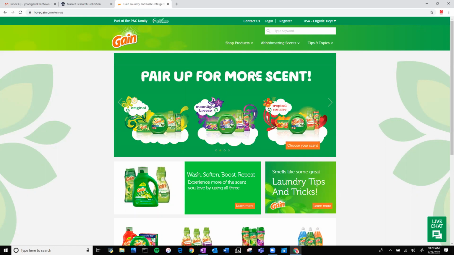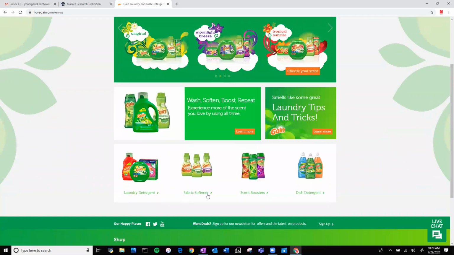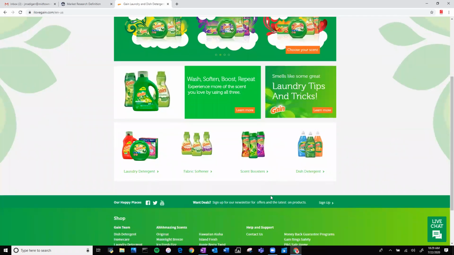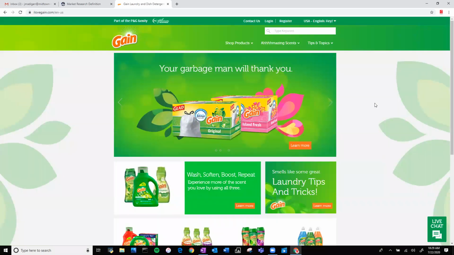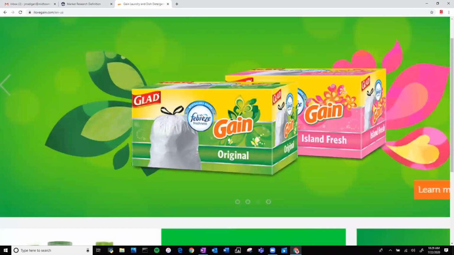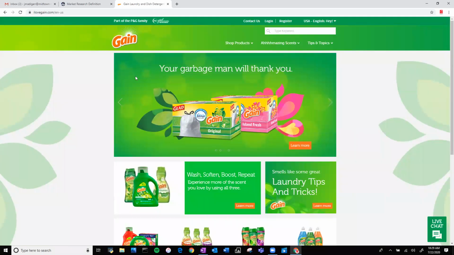Gain is focusing on scent, right? They have all the different scents, the styles, warm, soften, everything's about fabric softener and scent boost. So it's a lot more focused on the scent side of your products. Even in their trash bags, it's Febreze, so your trash doesn't smell bad. Gain's whole public image is, hey, we are the ones that produce good scents.